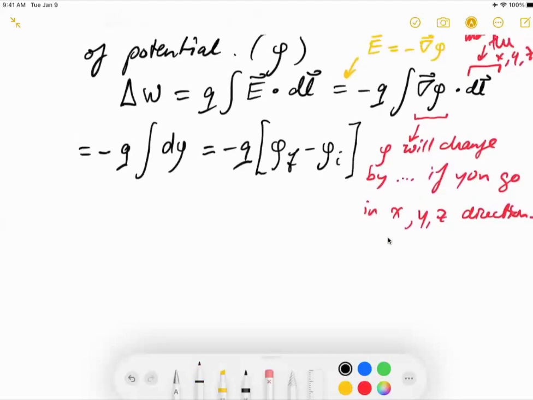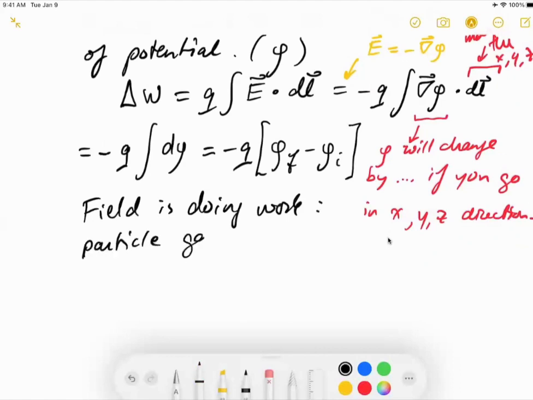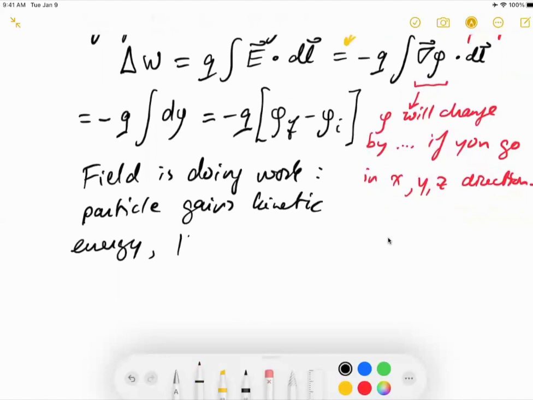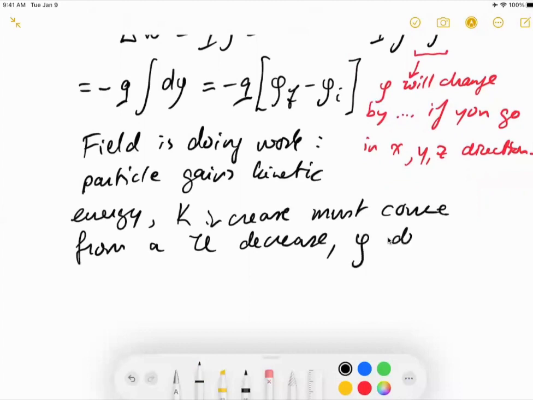Okay, so now let's talk about the sign a little bit. We know that if the work done is positive, so the field is doing work, that means that let's say the particle gains speed, kinetic energy, and that K increase must come from a potential energy U decrease, and therefore also a phi decrease.